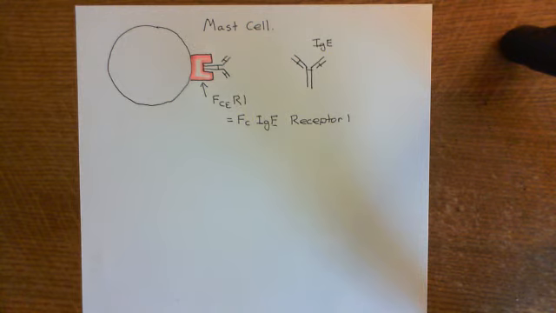So we are now going to arm these mast cells to detect this allergen, and they are going to initiate a very dangerous inflammatory response against something that is not harmful in the slightest. So this is not going to be good. In the next video, we'll see what happens when the secondary exposure to the allergen occurs.